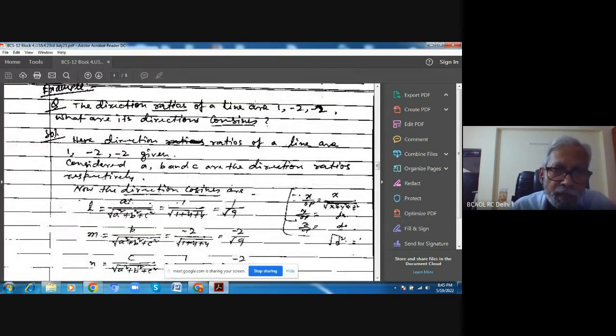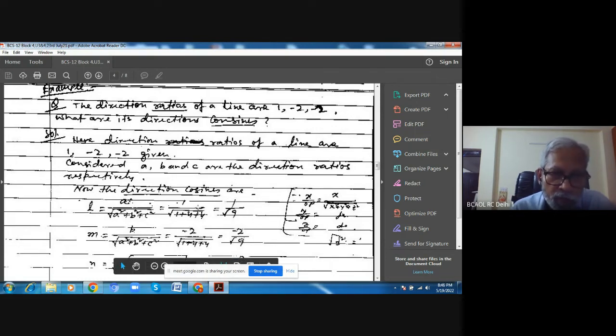And there is the ratio, direction ratios. Earlier I showed you the theorem, some procedures are there, and this is the numericals. Again, the direction ratios are given, lines are given. The values given are 1, -2, -2. What are its direction cosines? Again, you know the direction cosines formula is this: l is equal to a divided by the square root of a square plus b square plus c square.